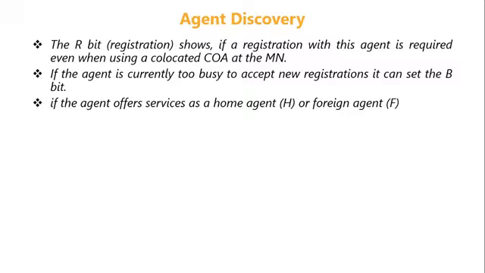There is an R bit. It says whether registration with this agent is required, even when using a co-located COA at the MN. If the COA is co-located at the MN, then the registration with the foreign agent is required or not required.